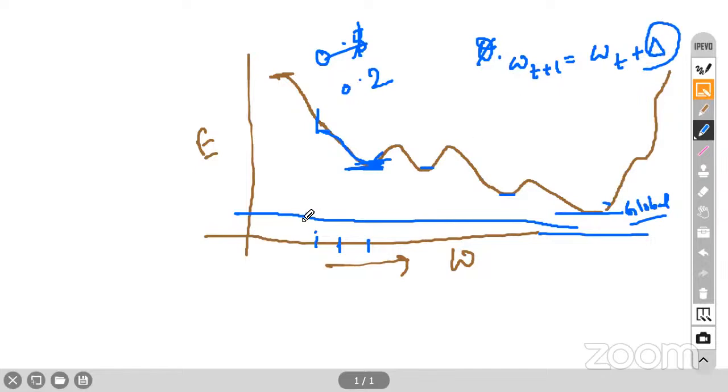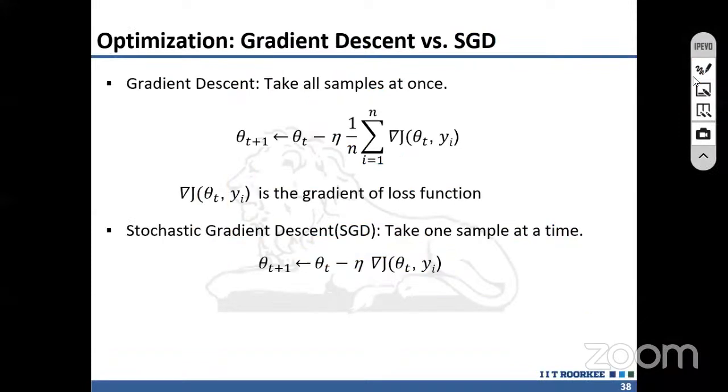For example, you start with 0.2, how much jump will you give so that you can reach the global minimum faster? That means you will reach the best accuracy in the fastest way. This is called optimization. So how will you optimize the weight adjustments?